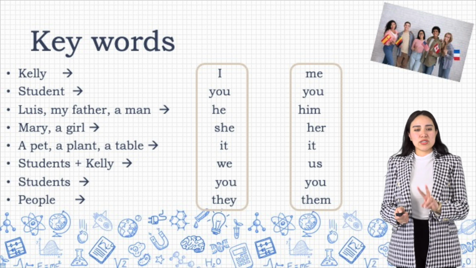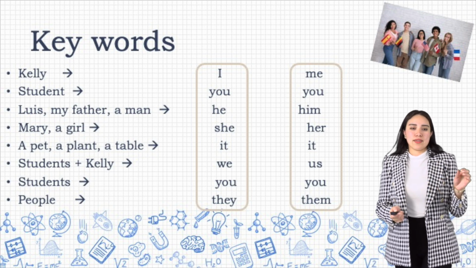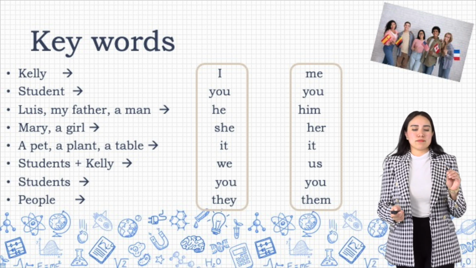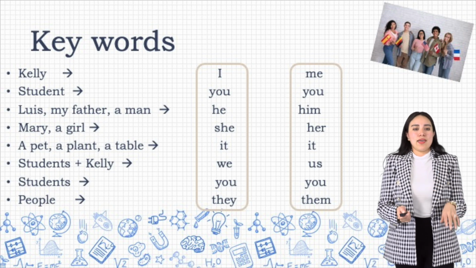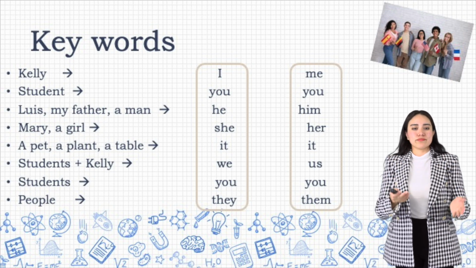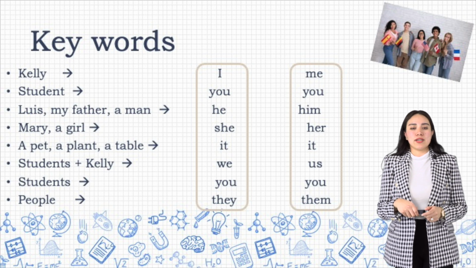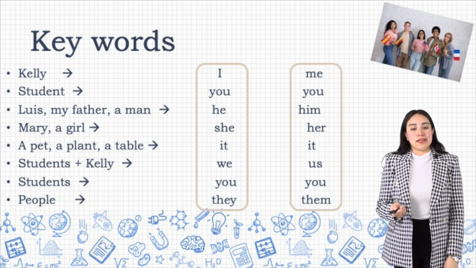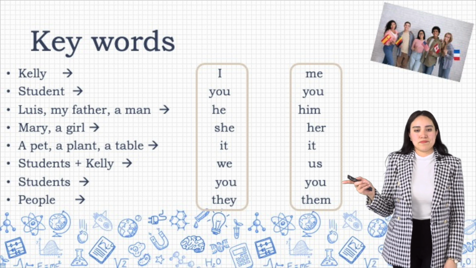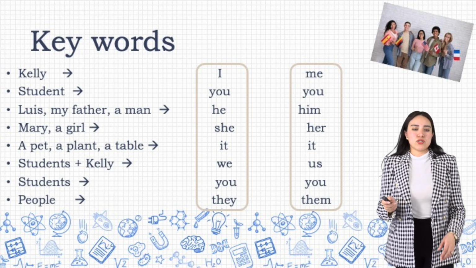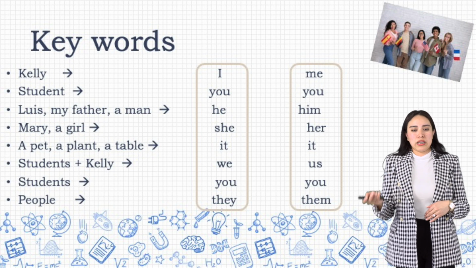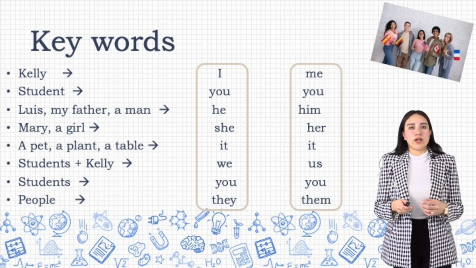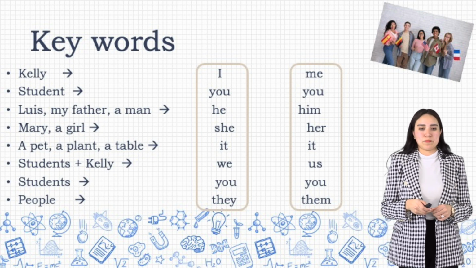We have our keywords today in two columns. The first: for example, Kelly, "I." A student, "you." Luis, my father, and a man, "he." Mary and a girl, for example, "she." When we have mentioned a pet or a plant or a table, we're going to use the word "it."